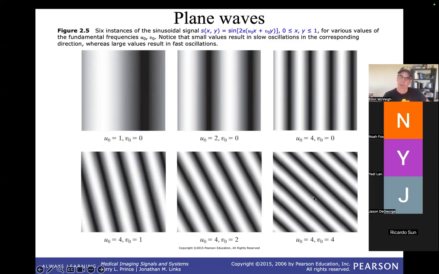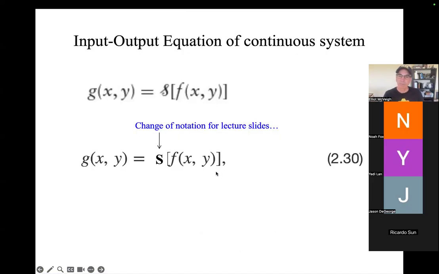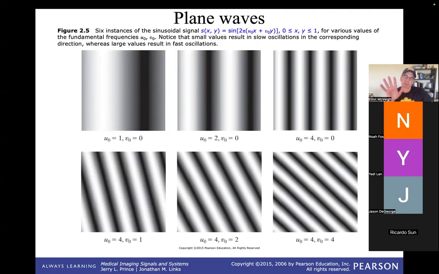And so now I have a higher frequency sine wave whose plane wave direction is off at a different angle, right? It's important to understand that we can build two-dimensional functions, so any kind of shape in two dimensions, by summing up different sine waves of different frequencies and in the two directions, or different angles, okay?